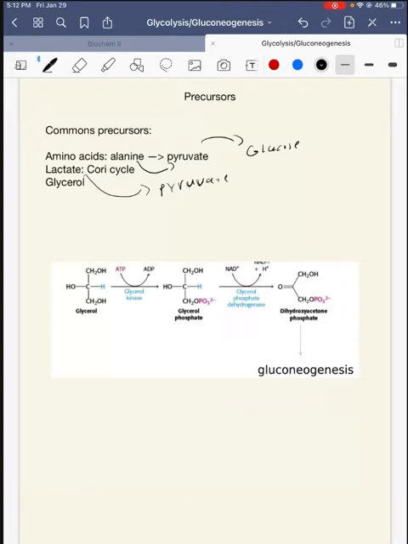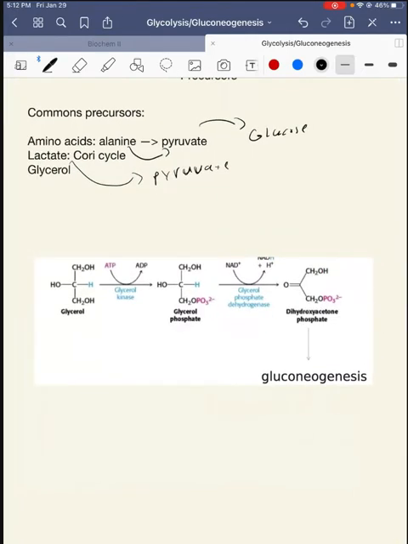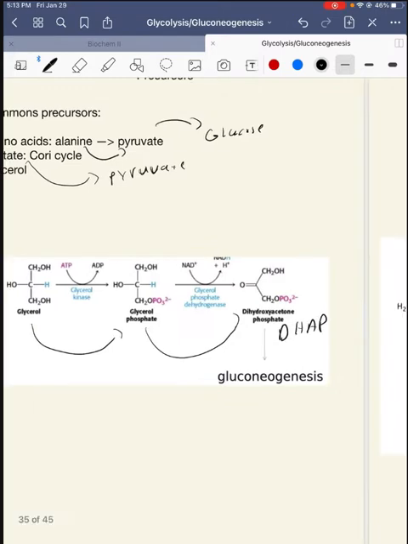And then another one I added is glycerol, which can be converted into glycerol phosphate, and then this can be converted into dihydroxyacetone phosphate, DHAP. This is DAP that is formed when aldolase splits.